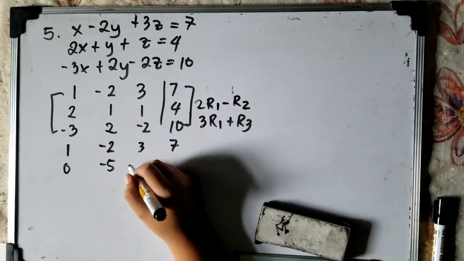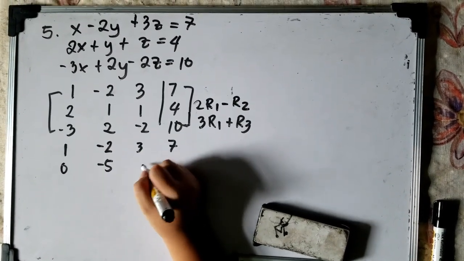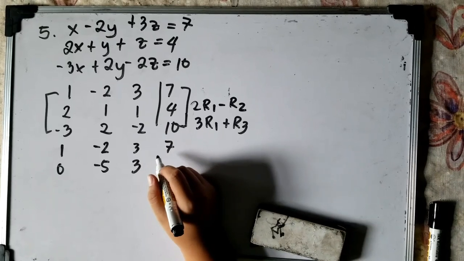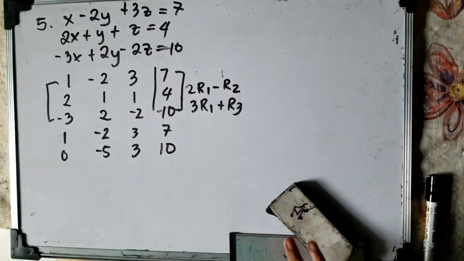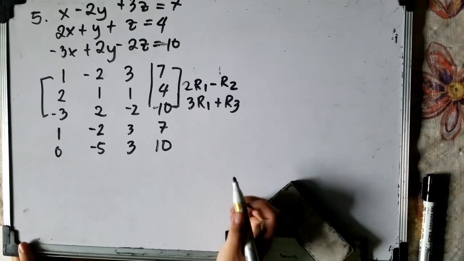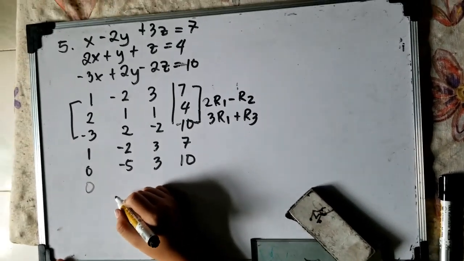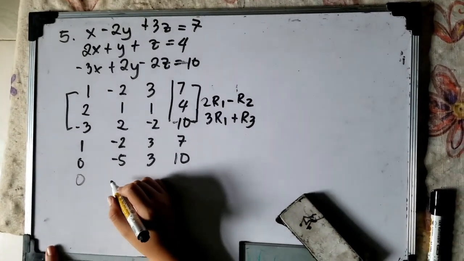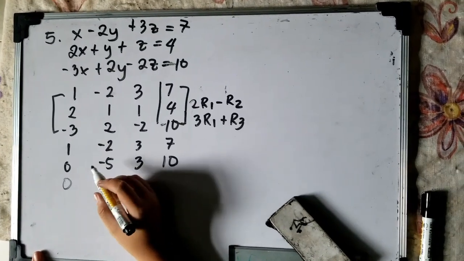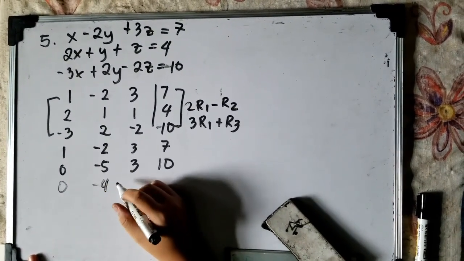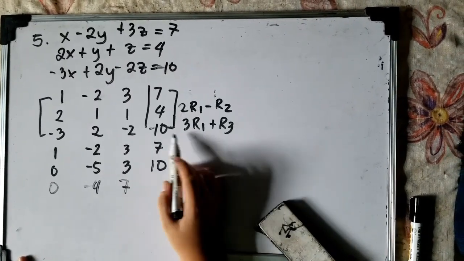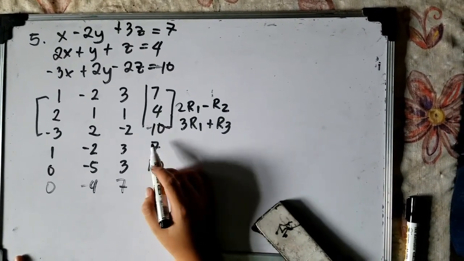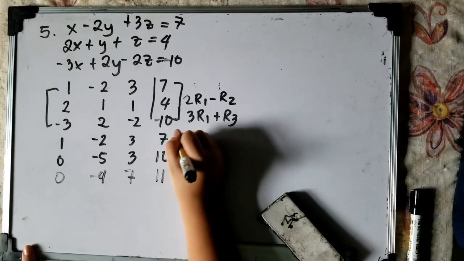And then 2 times 3 is 6, minus 3 is 3. 2 times 7 is 14, minus 4 is 10. So 3 times R1 plus R3: 3 plus negative 3 is 0. 3 times negative 2 is negative 6 plus 2 is negative 4. 3 times 3 is 9 plus negative 2 is 7. 3 times 7 is 21 plus negative 10 is 11.